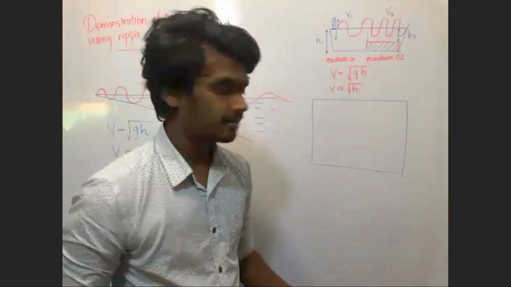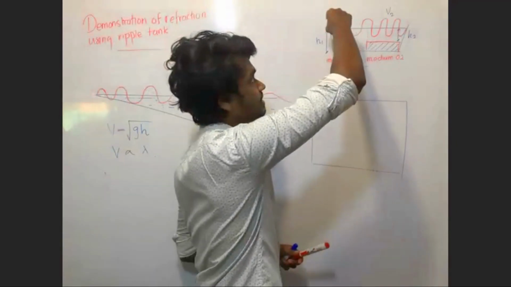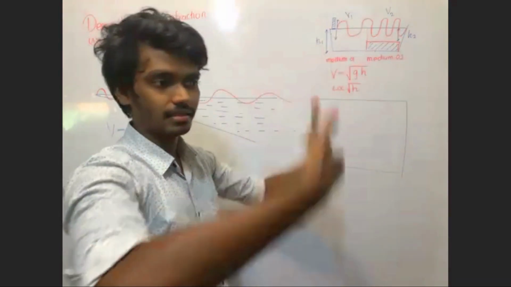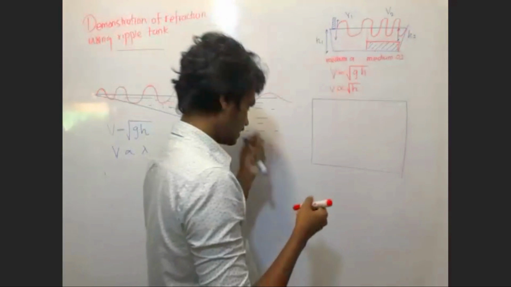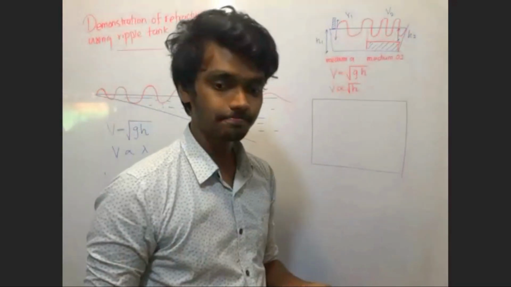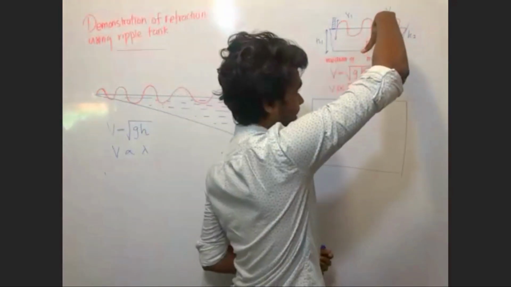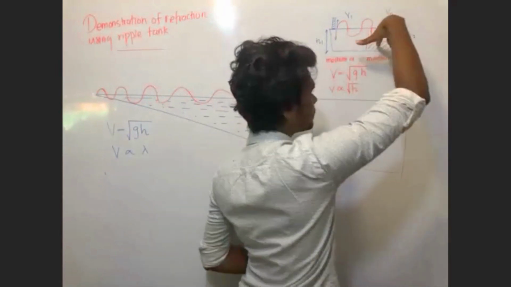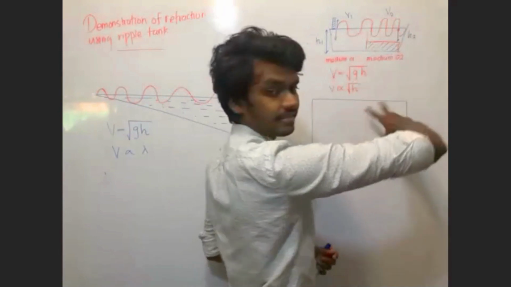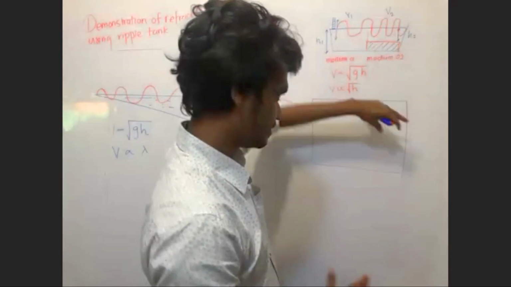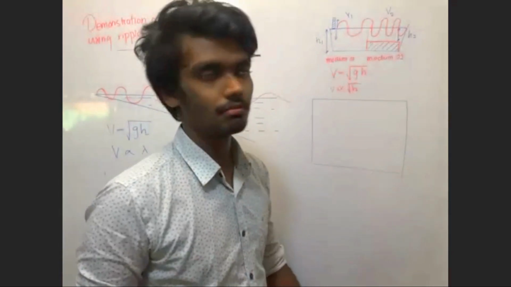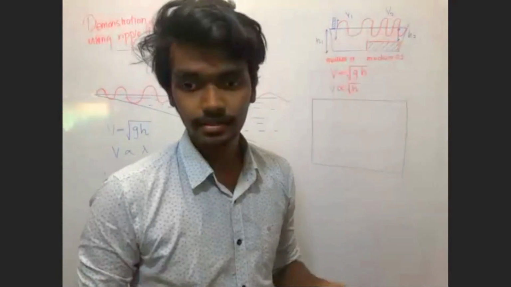What happens is, if this is a planar vibrator, let's kind of incline this and place it on the ripple tank.